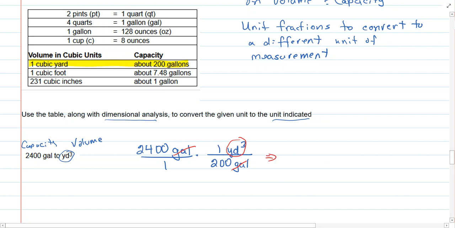Well, this means that I end up with 2,400 times 1, over the 200. This is yards cubed. So the volume that we need is going to be that division. So we're going to do the math.